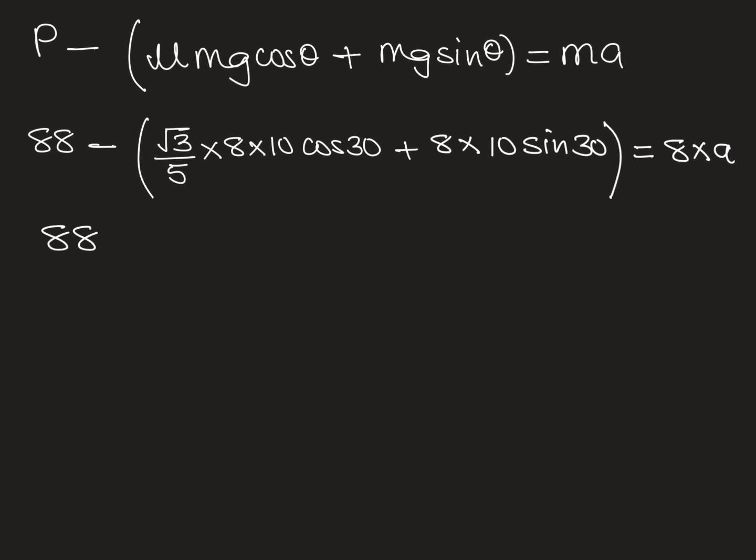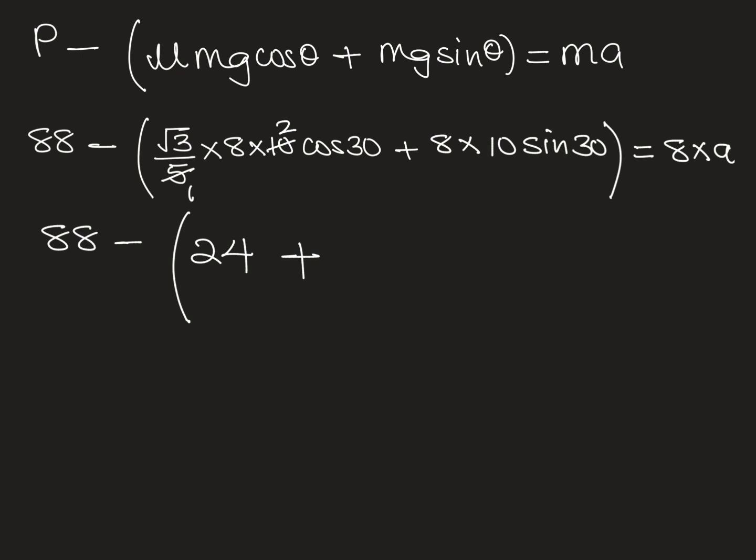So that's going to be 88 minus, so 5 goes once here, is 2 times. We're going to have 16 cos 30 multiplied by root 3. Do that. 16 cos 30 multiplied by root 3 will give you 24.